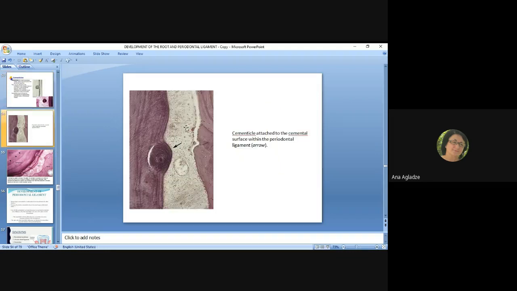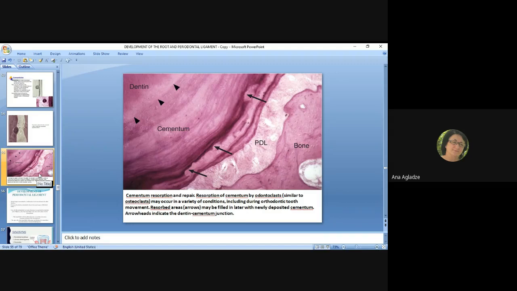And here you can see a cementicle attached to the cemental surface within the periodontal ligament, and also you can see this picture, which shows cementum resorption. Cementum very often undergoes resorption and repair, and the resorption of cementum is by odontoclasts, which are osteoclast-like cells formed for resorption.